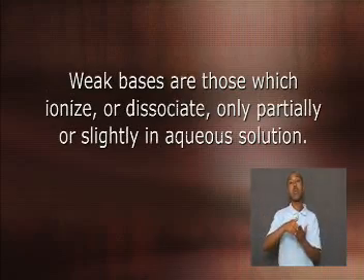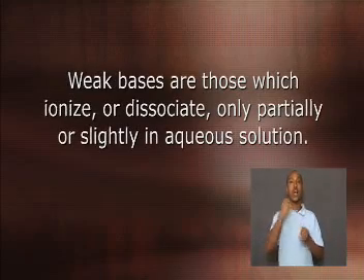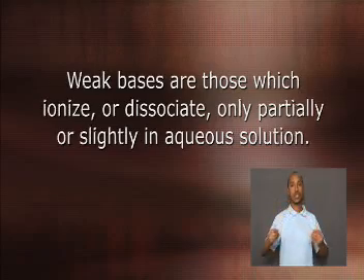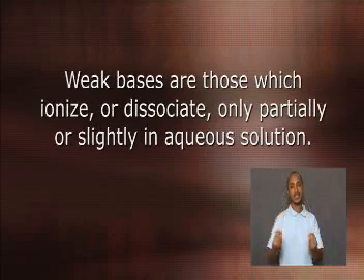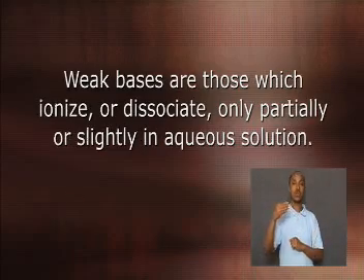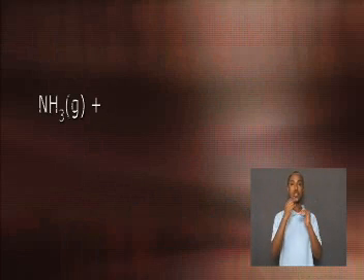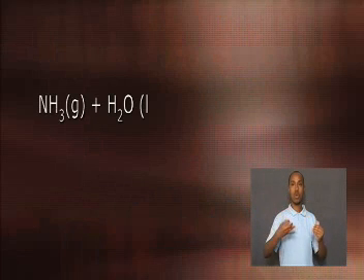Weak bases are those which ionize or dissociate only partially or slightly in aqueous solution. Ammonia and calcium hydroxide are both examples of weak bases. This equation shows the dissociation of ammonia.